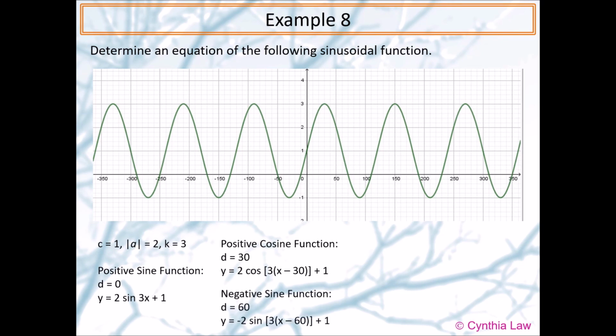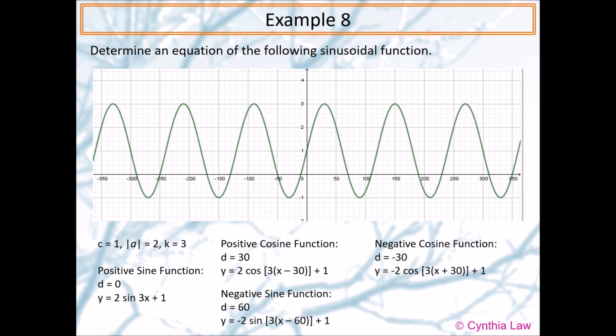If we choose a negative sine function, then d is 60, and we have y equals negative 2 because it's the negative sine function, so a is negative now. Y equals negative 2 times sine of 3 bracket x minus 60, close the brackets, and then plus 1.